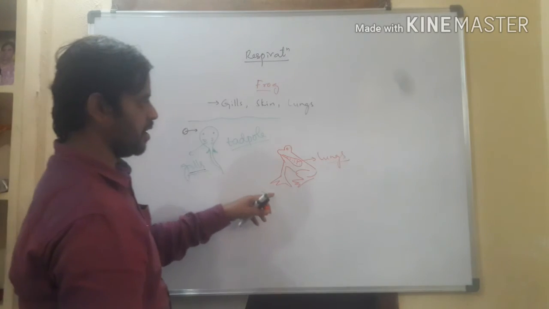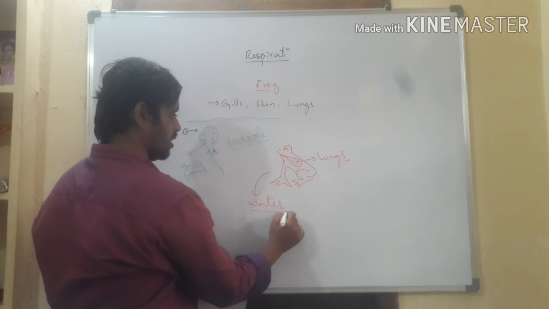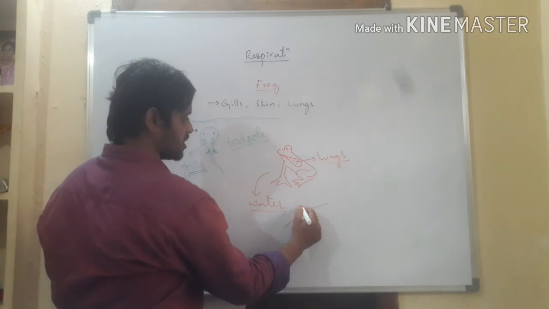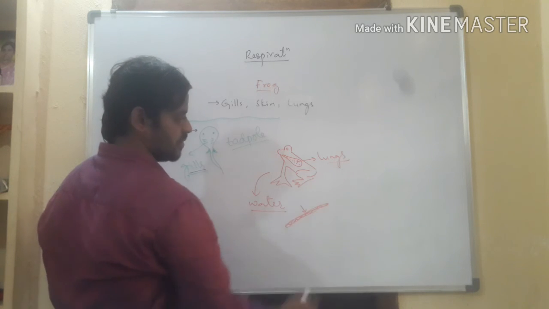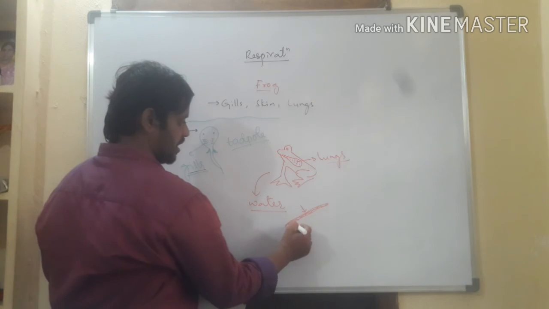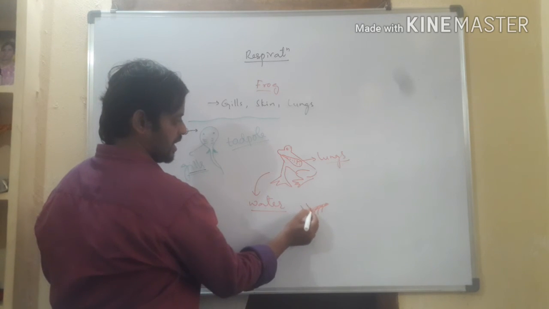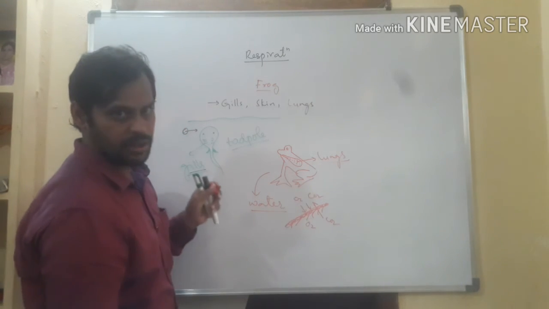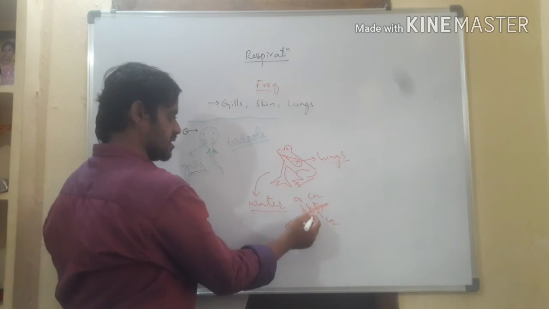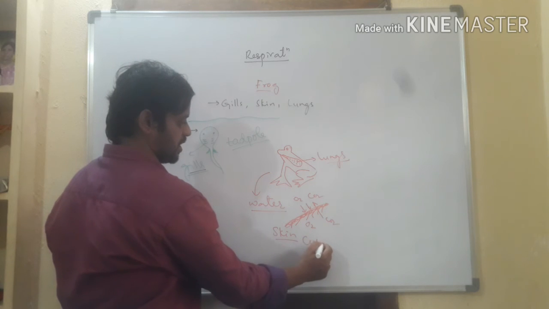And when the adult frog jumps into the water, it uses its skin, which is slimy, very wet, and blood vessels are supplied to the skin. Now the gaseous exchange takes place, means oxygen enters in and carbon dioxide exits out, right? So here gaseous exchange takes place through the skin. It is called cutaneous respiration.